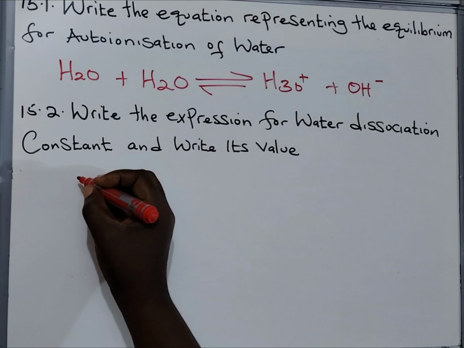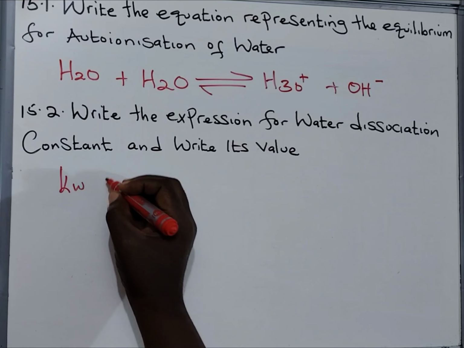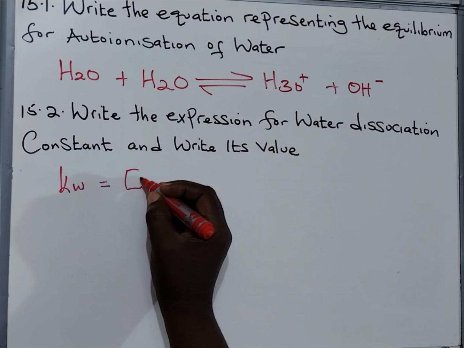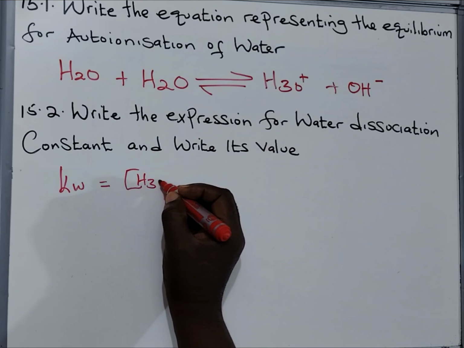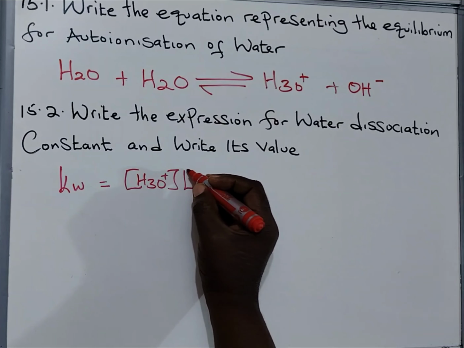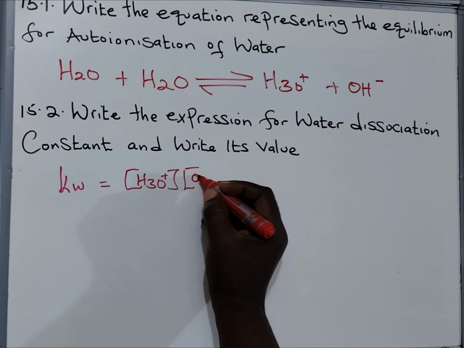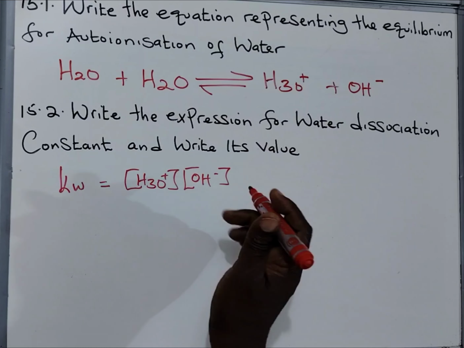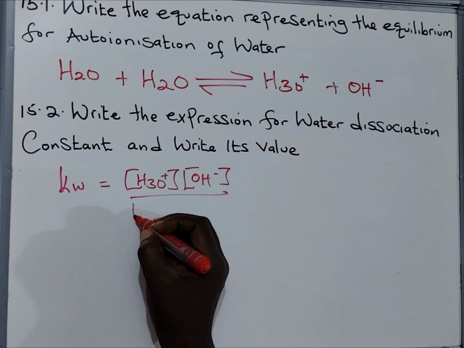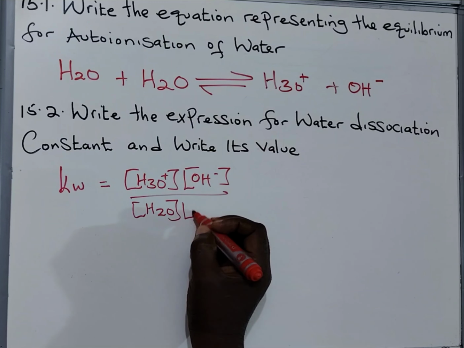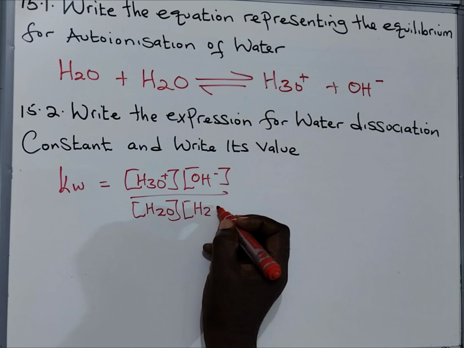So Kw equals the concentration of the hydronium ion times the concentration of hydroxide ion, which are the products, over concentration of water times concentration of water.